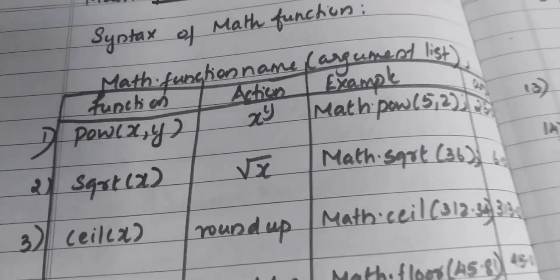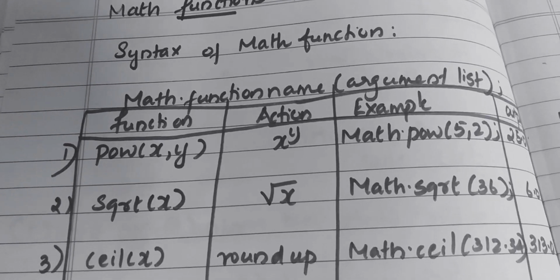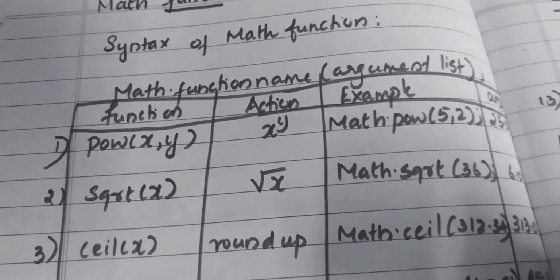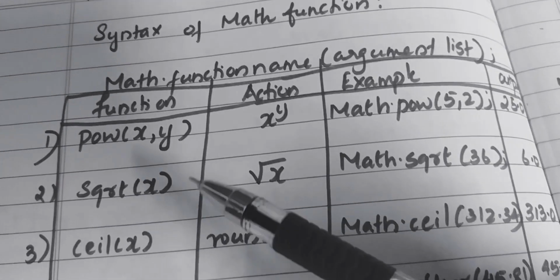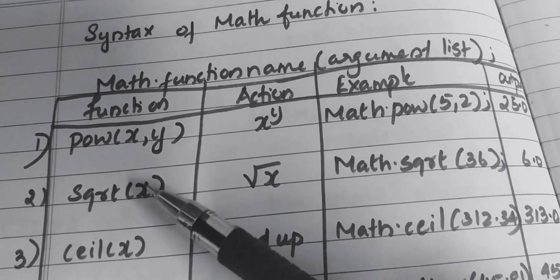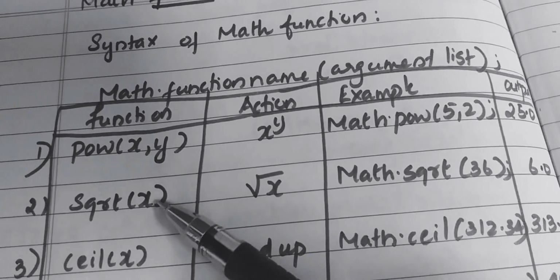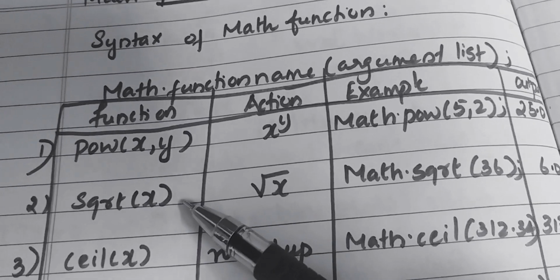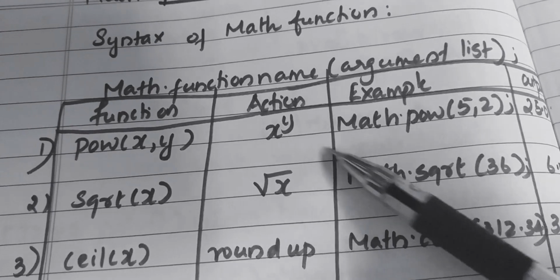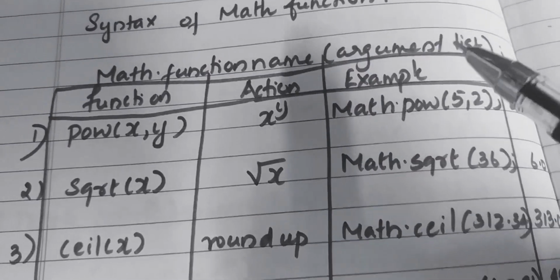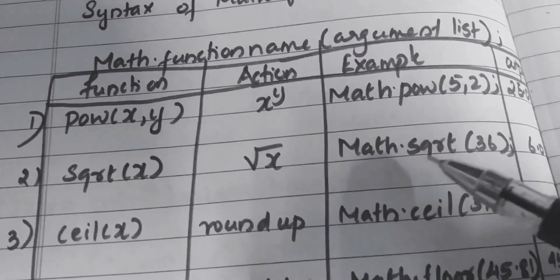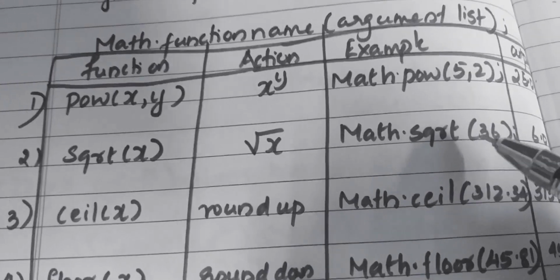The next function in Java is square root, sqrt. So sqrt of x. Here we have passed only one number. sqrt is a function used to find the square root of a number. The action performed is square root of x. In a program we write it like this, Math.sqrt.